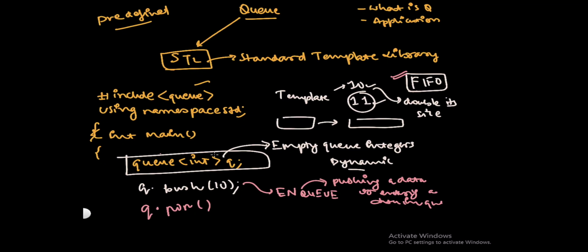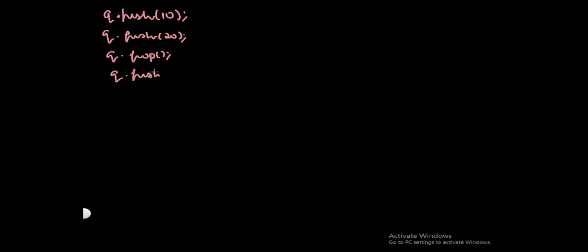Let us think of an example via this. I have taken q.push(10), then q.push(20), then q.pop, then q.push(30). What will be the structure of my queue? Let us try to understand this first.